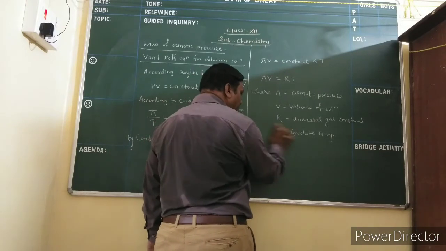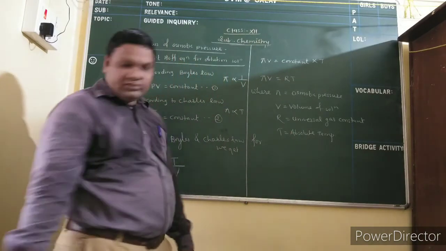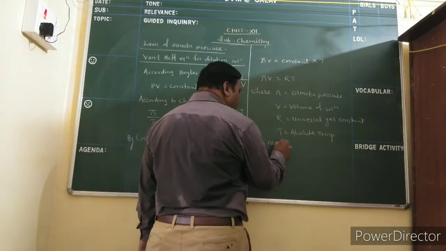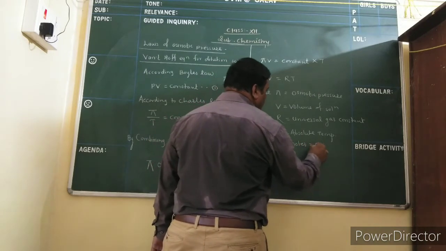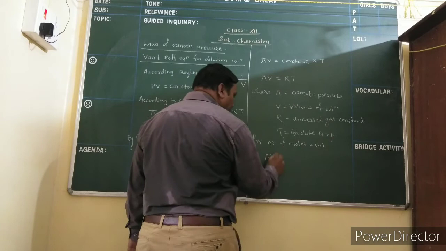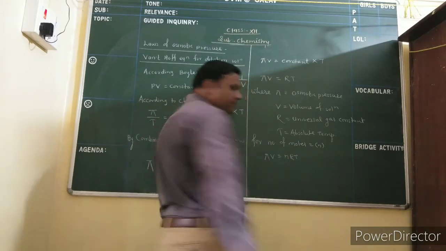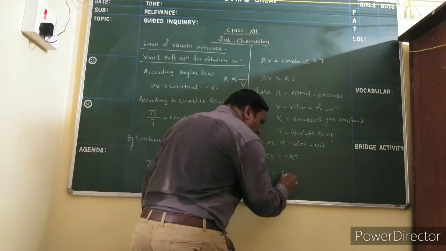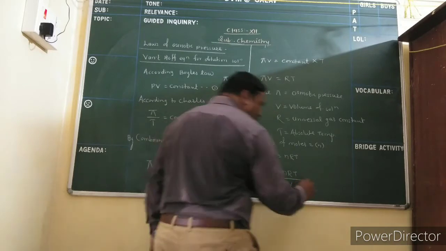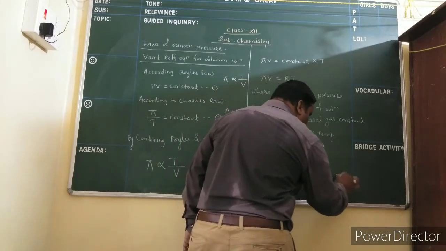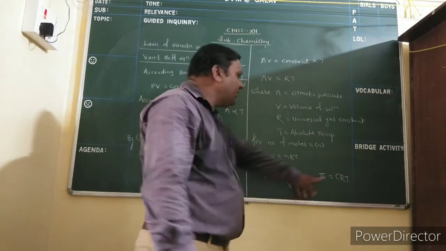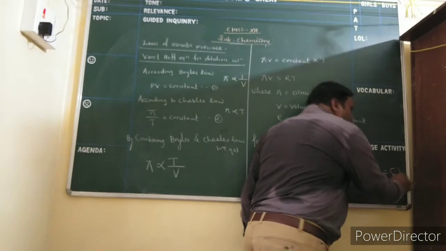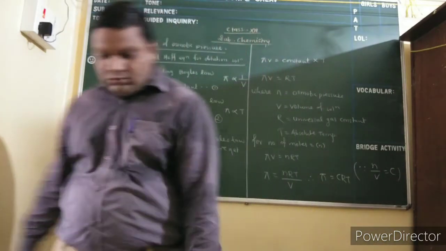For 1 मोल, अभी हम ये नंबर ऑफ मोल्स के लिए भी होगा, so that is for number of moles, that is small n, so pi V is equal to nRT, and pi is equal to nRT upon V, or pi is equal to CRT, because n upon V is concentration.